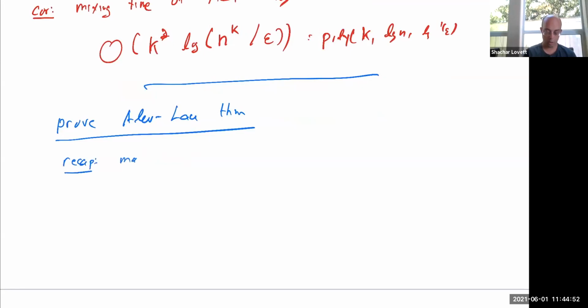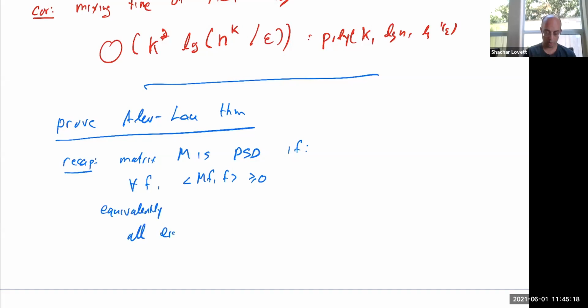A matrix M is PSD, positive semi-definite, if there are two equivalent conditions: one is that for every f, the inner product of Mf with f is at least 0, or equivalently all the eigenvalues of M are non-negative.